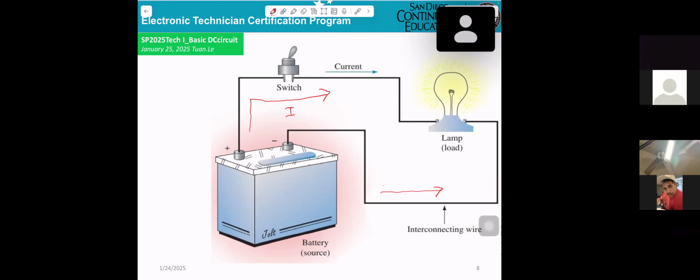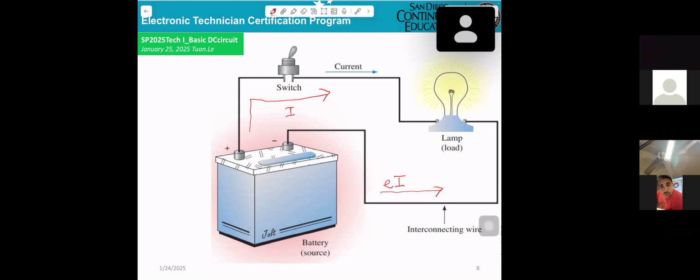Electron current going, electron moving from negative to the positive. That's how you get current. However, we're talking about current really going from the positive to the negative.